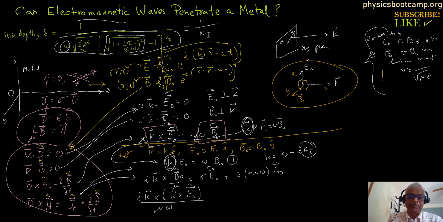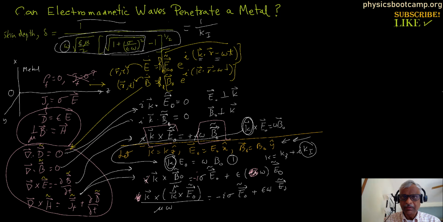That makes this 1, and this becomes minus i, and this becomes 1, so that we don't have to write i on this side. And so that's equal to minus i sigma E0 tilde plus epsilon omega E0 tilde. Now I can use this special case to simplify this, and everything is perpendicular, so all going in the same direction. And let me get some more space.